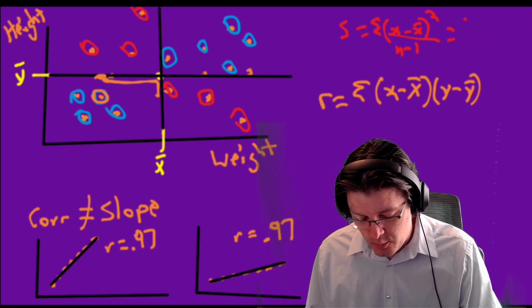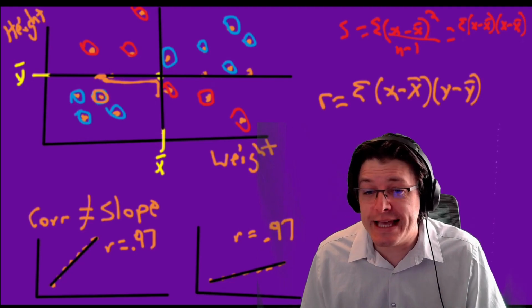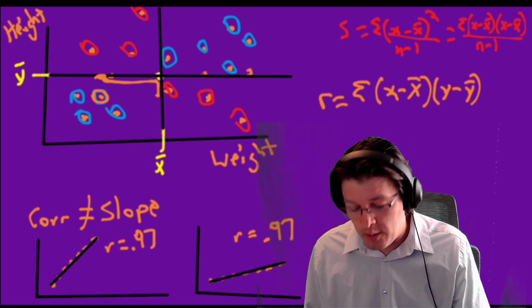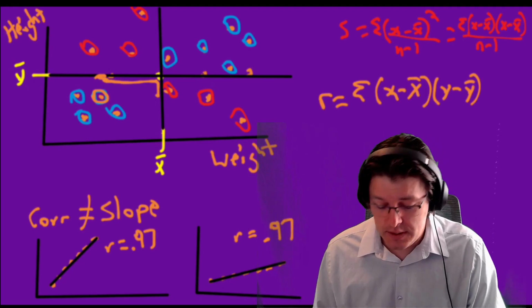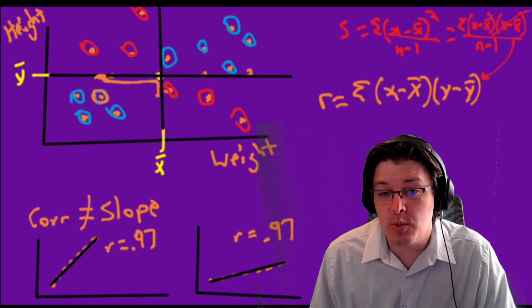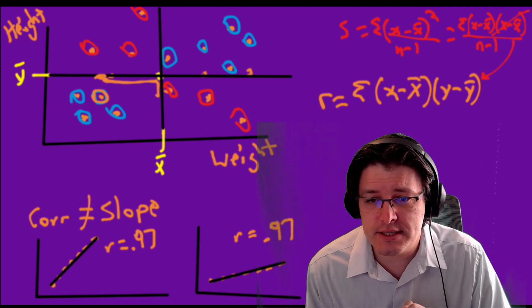So we could rewrite this top as x minus x bar times x minus x bar, right? That's what the x minus x bar squared is. I just hope it's clear that what we're doing is swapping one of those deviations out for a y deviation. So we're taking this out and putting in the y minus y bar. So the top is very close to what we've done in standard deviation.